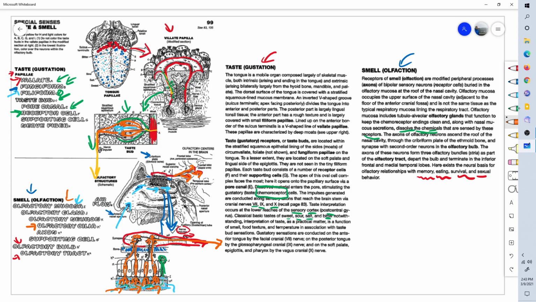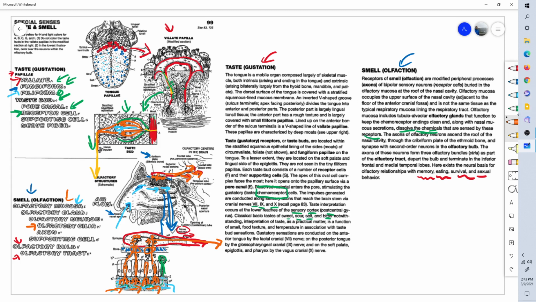Now, notice that the olfactory neurons' axons here travel upward through tiny little holes in the cribriform plate to reach the olfactory bulb and up the olfactory tract to the brain.